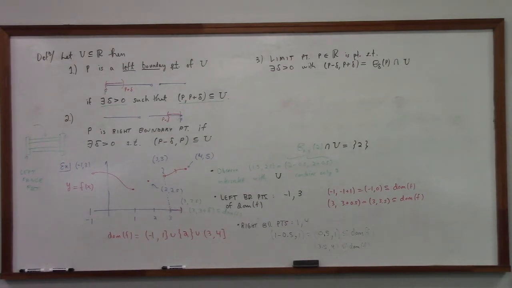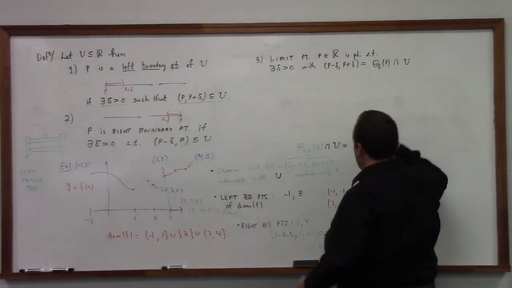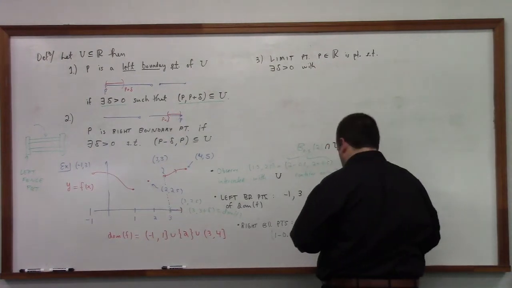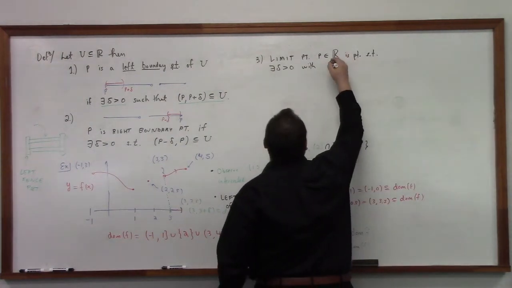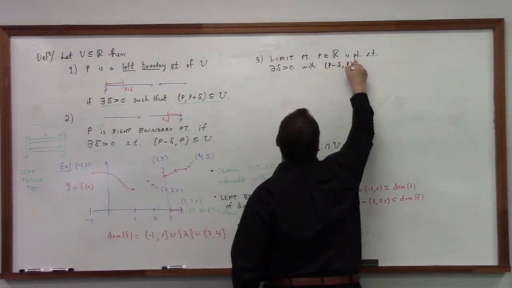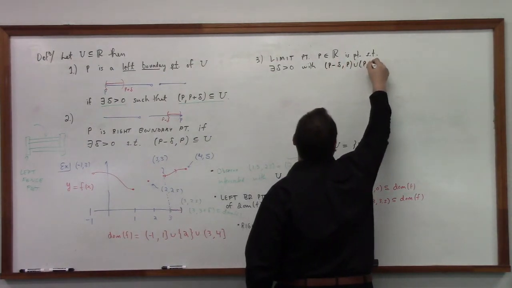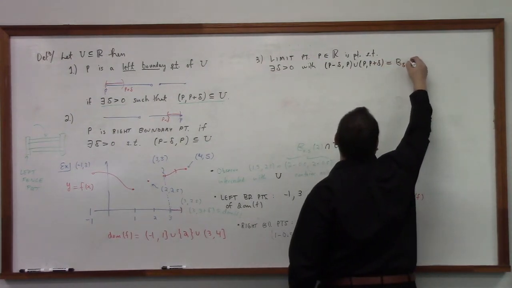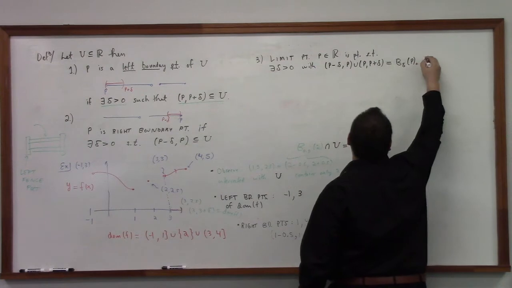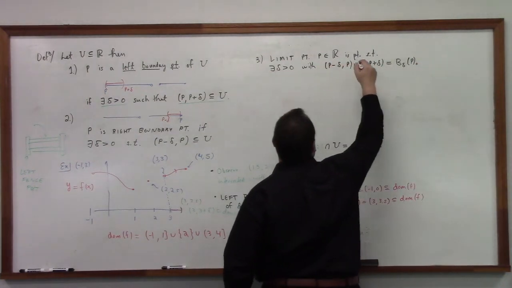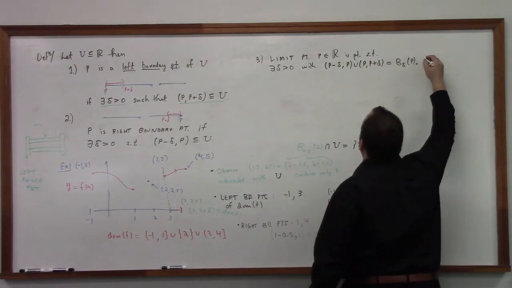Oh, yes, I forgot. There's an important point here. Curses. Uno momento. So what we want to do is go (P minus delta, comma P) unioned with (P, comma P plus delta). This is the deleted ball of radius delta centered at P, all right?